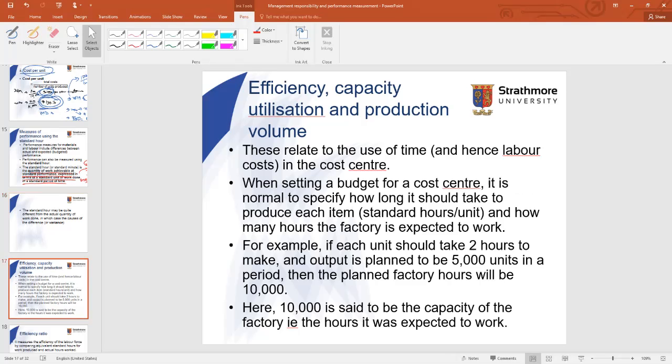Then you can also use efficiency, which I think I've mentioned, so I don't need to go back to it. We can also have the use of capacity utilization.